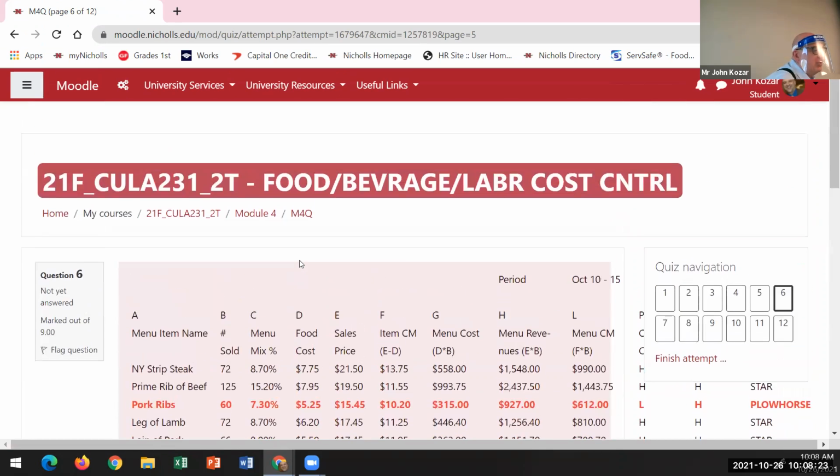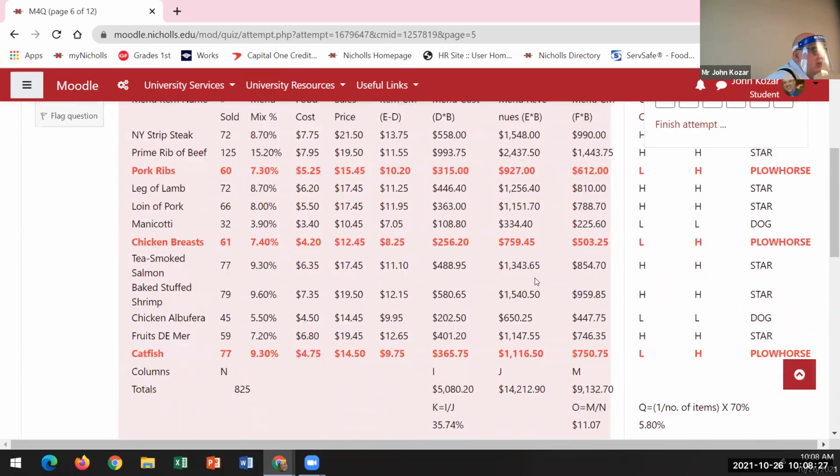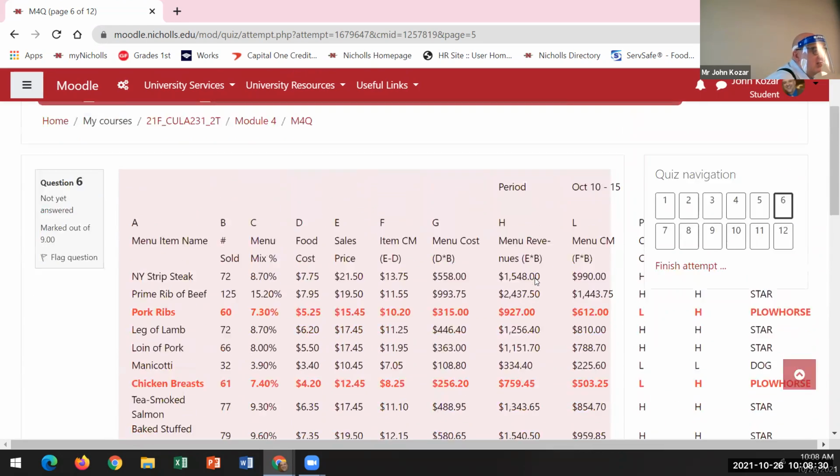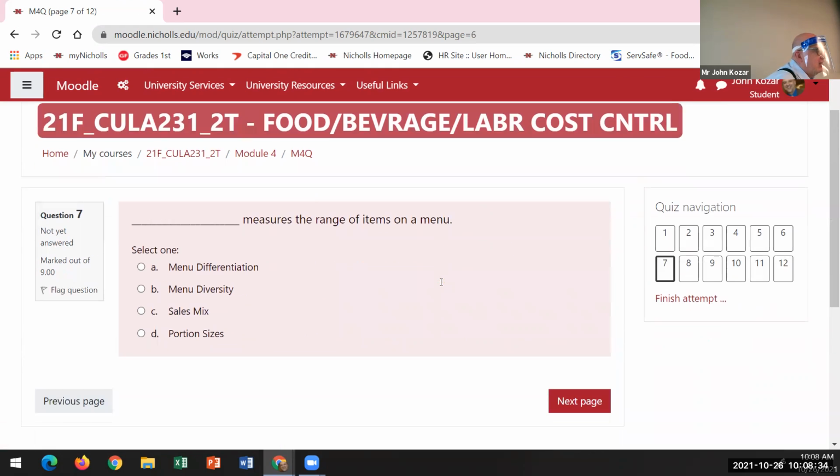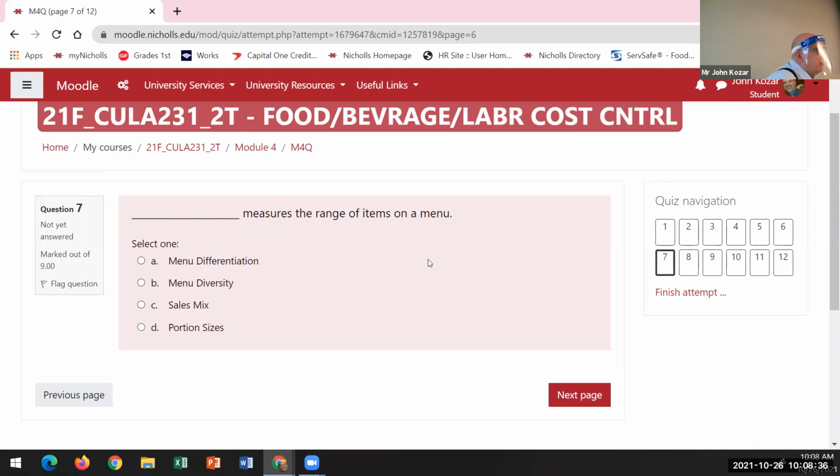Menu engineering worksheet. That's one. I think it's pretty straightforward. This measures the range of items on a menu. So again, you can look it up in the book.